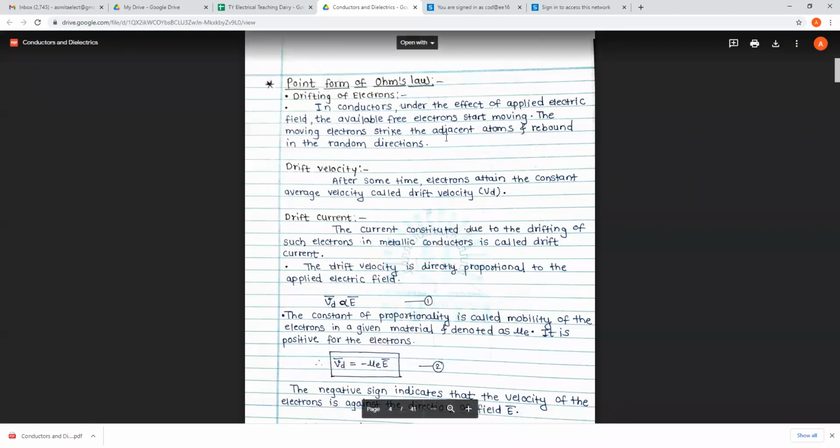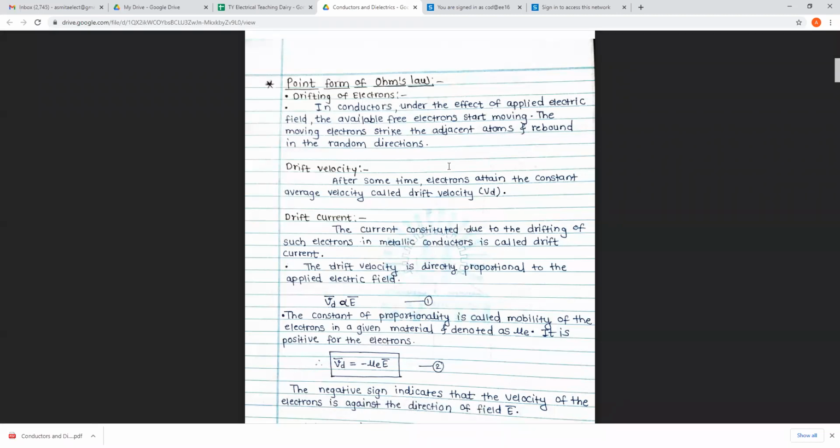So when we are considering conductors, at that time we are applying some external voltage or external potential, right? So when we are applying some external supply, then there is a movement of electrons or a movement of charges in the conductor.